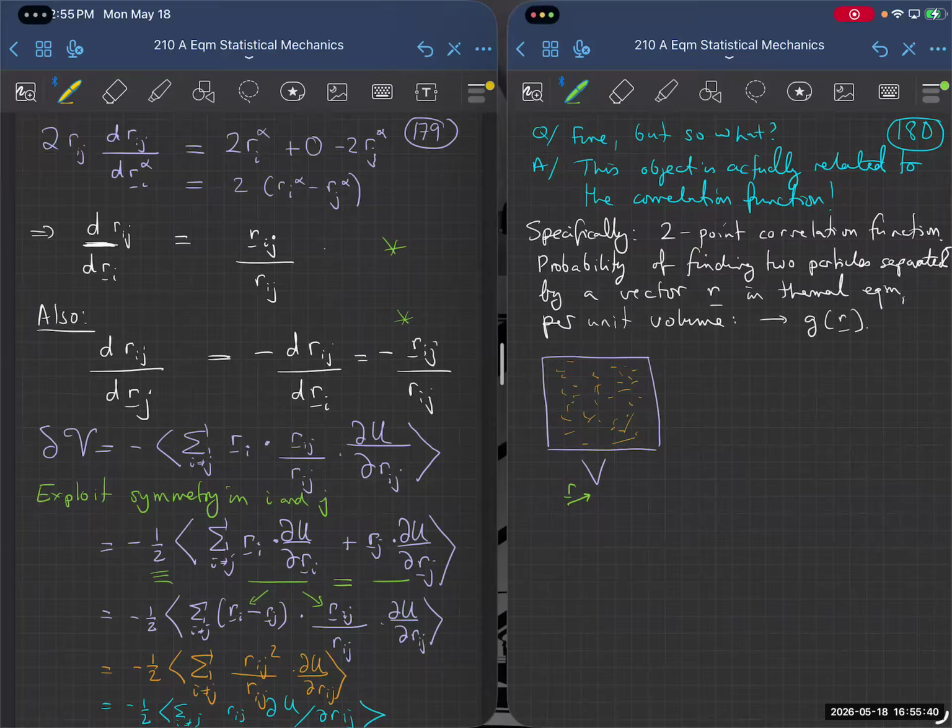But literally what I'm going to do is put the tail end of this vector on every particle and see if the other end reaches another particle.